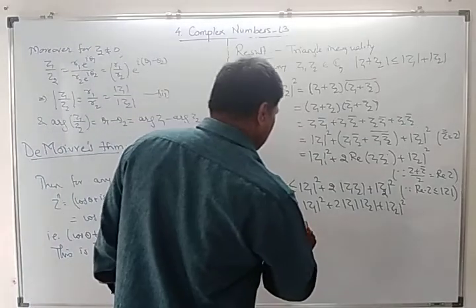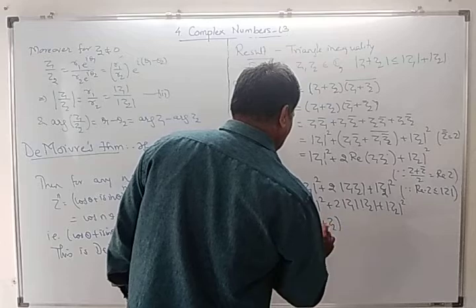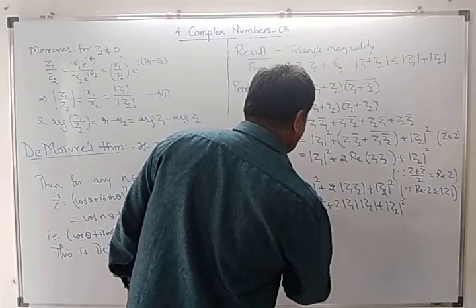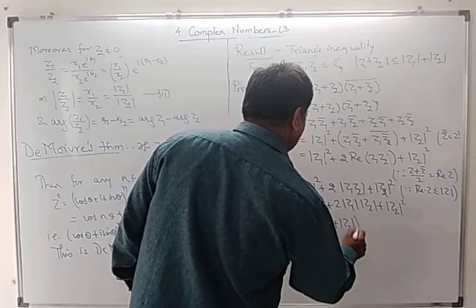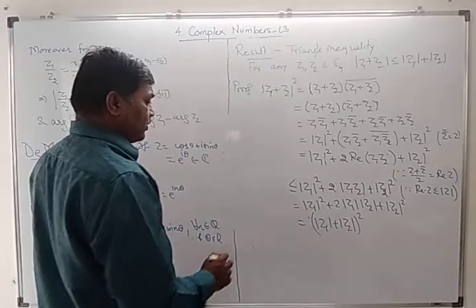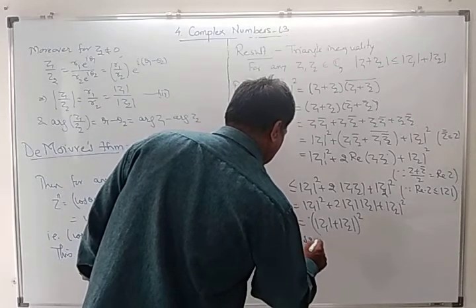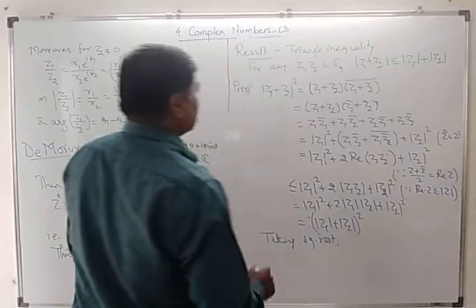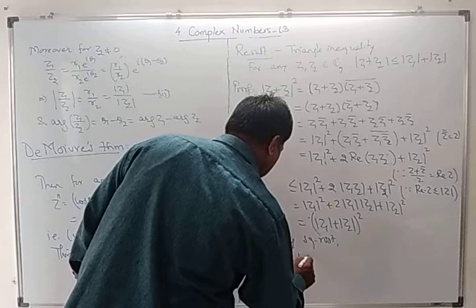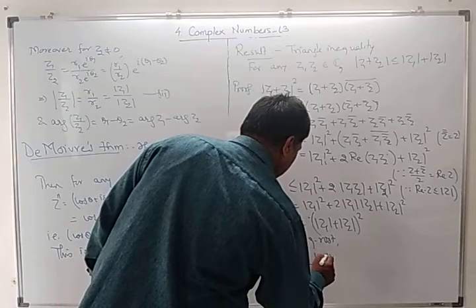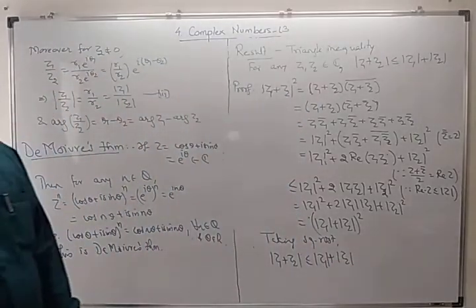And then this is nothing but (mod Z1 plus mod Z2) whole square. Taking the square root, we get mod of Z1 plus Z2 is less than or equal to mod Z1 plus mod Z2, right?